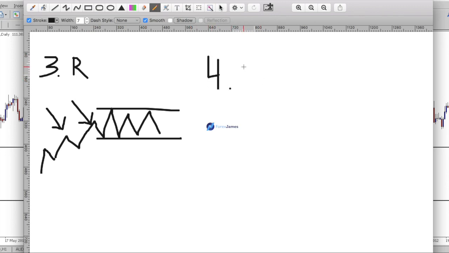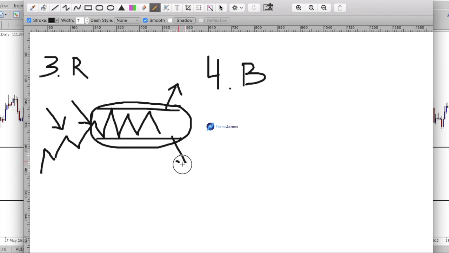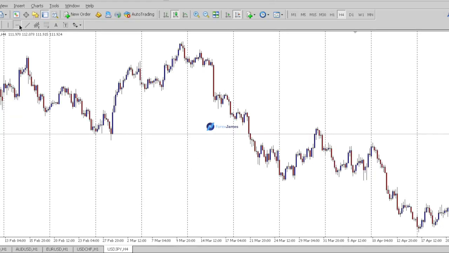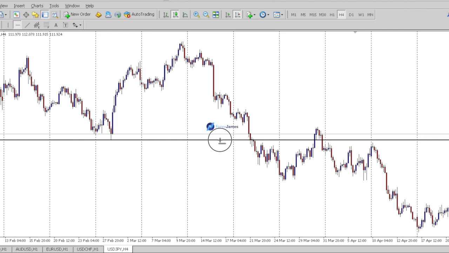Last but not least, the range will become a trend again. Okay, and that's when some of you guys may choose to stand aside during this consolidation phase and simply wait for a breakout. The rule of thumb is the longer the range, the bigger the breakout.